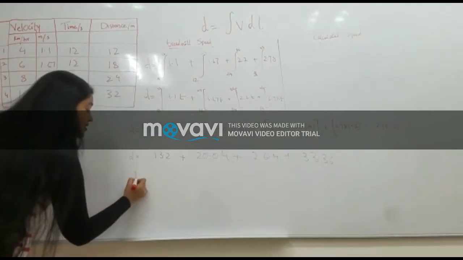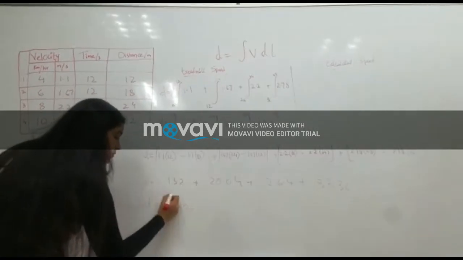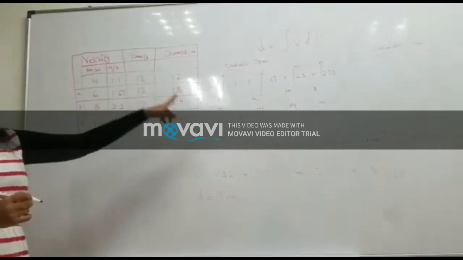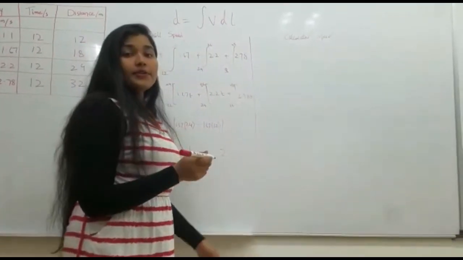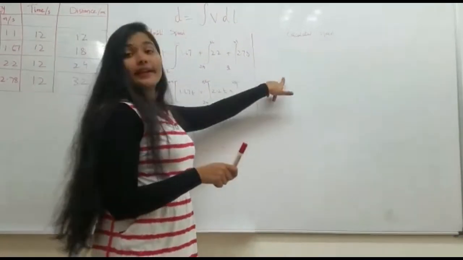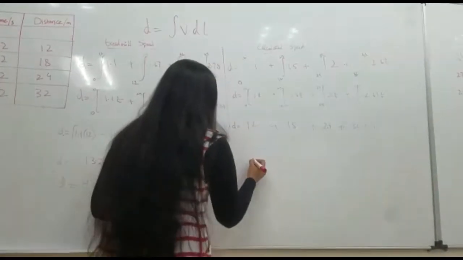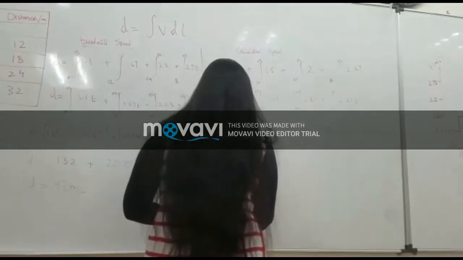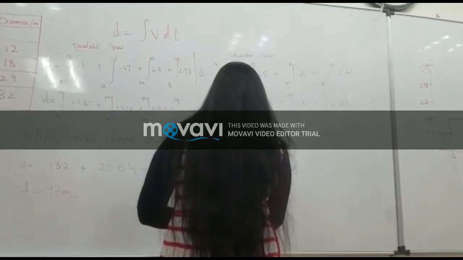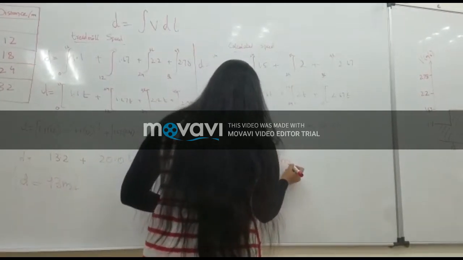The total distance covered is 93 meters for the treadmill speed. Now we do exactly the same thing for the calculated speed. The total distance for the calculated speed turned out to be 86.04 meters.